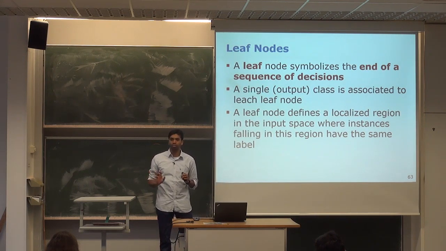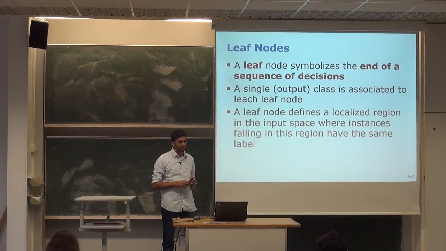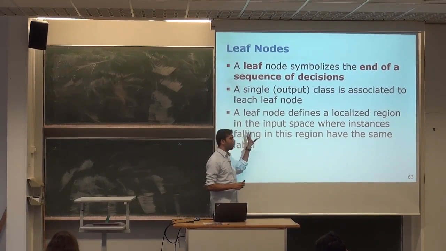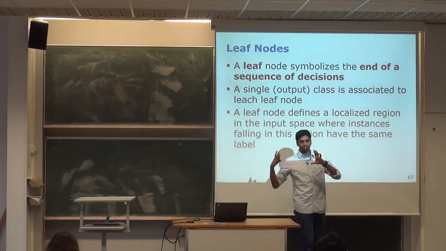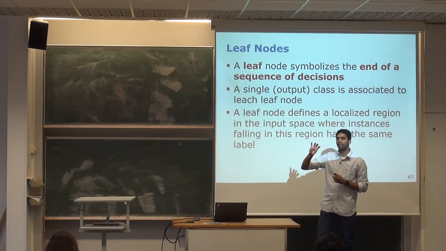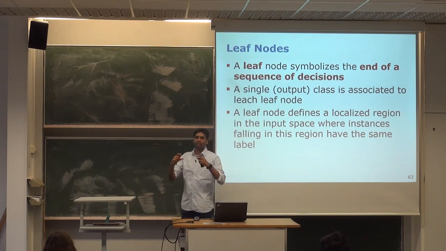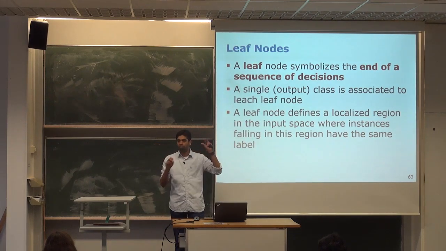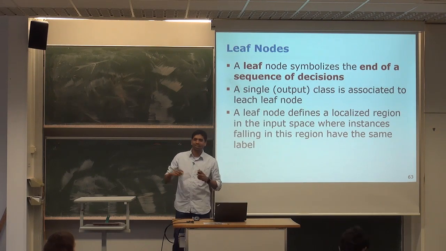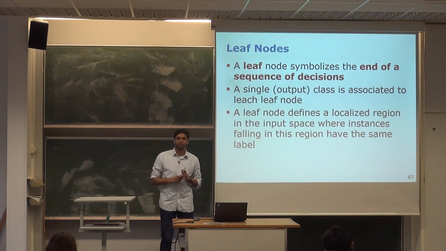You know what the class of the sample you have is. And if you want to map this back to the idea of the box, essentially this leaf node corresponds to some area in the input space. So you draw your input space, and each leaf node corresponds to some area in this box.